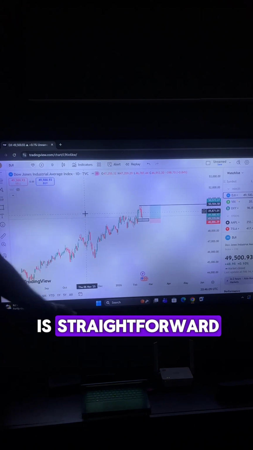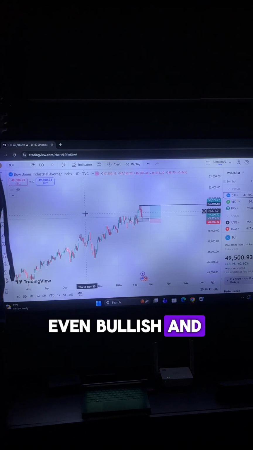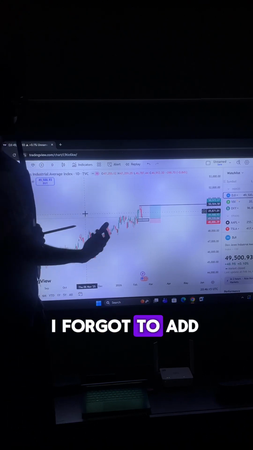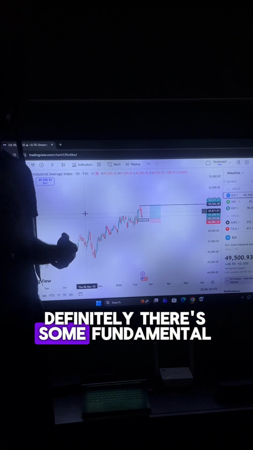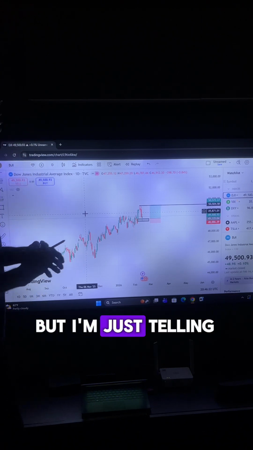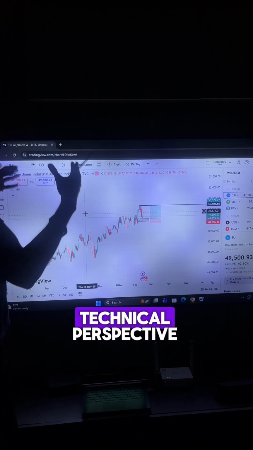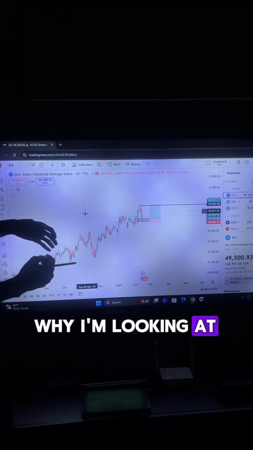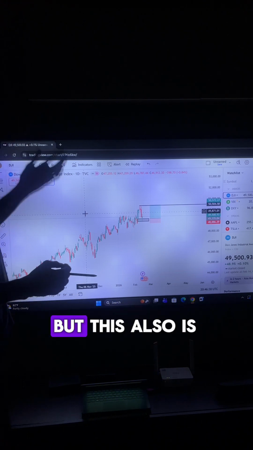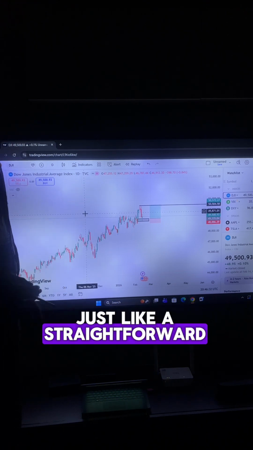It's straightforward, even bullish. I forgot to add earlier that there's definitely some fundamental confluence also, but I'm just telling you guys from a technical perspective why I'm looking at this. It's just a straightforward trade.